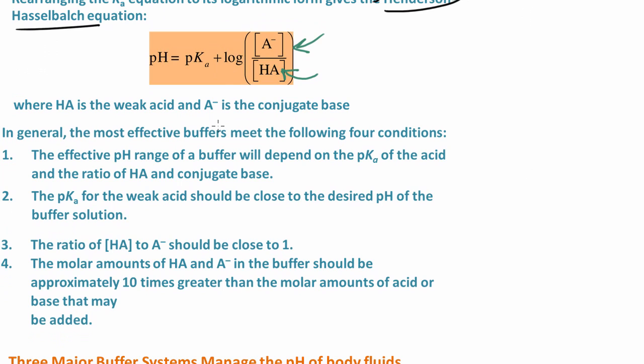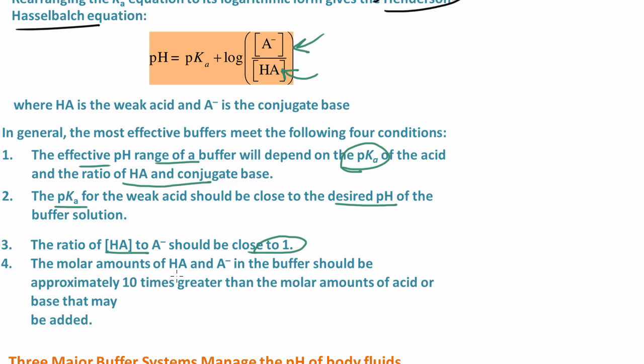So in general, for a buffer to be effective, it must meet the following 4 conditions. Number 1, the effective pH range of a buffer will depend on the pKa of the acid and the ratio of acid to conjugate base. That means that the pKa for the weak acid should be very close to the desired pH of the buffer solution. The ratio of acid to base should be close to 1.